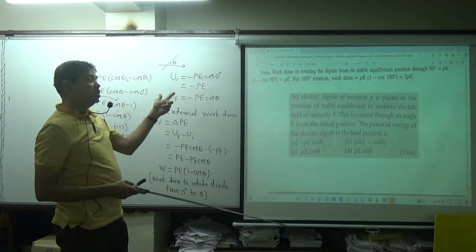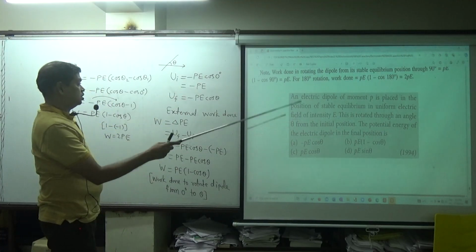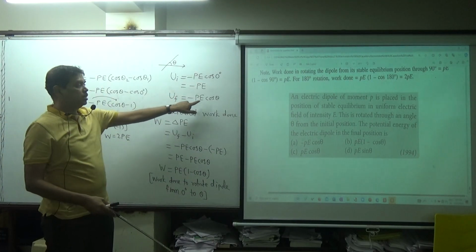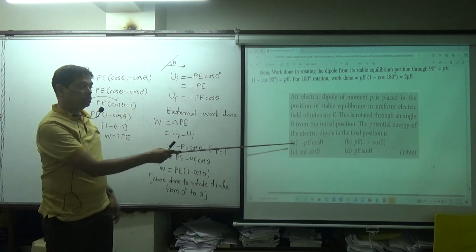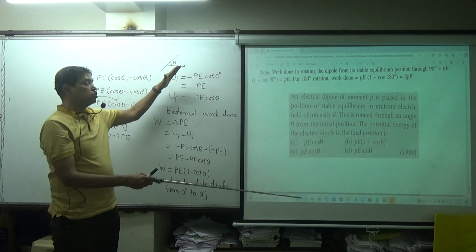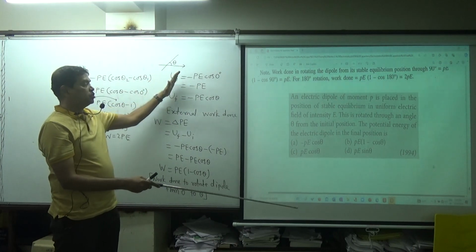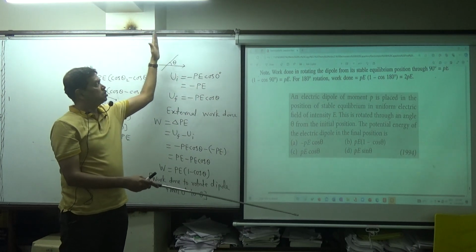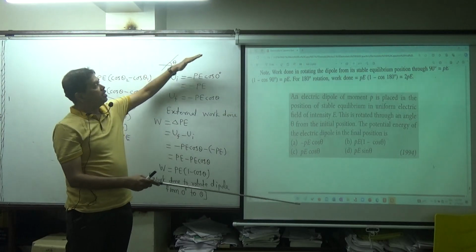The potential energy of the dipole in the final position will be minus P cos theta. Whether you rotate from stable to theta, it is minus P cos theta, because potential energy is defined from 90 to theta position.